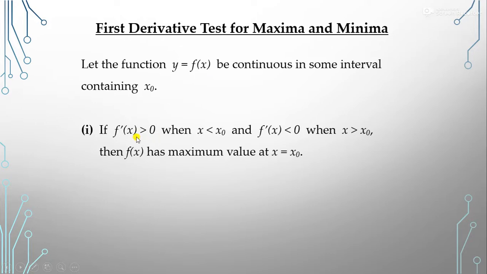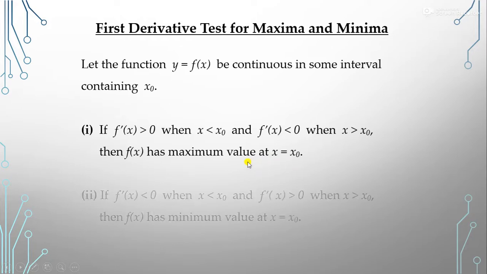If f dash x is greater than 0 when x is less than x naught, and f dash x is less than 0 when x is greater than x naught, then f(x) has a maximum value at x equal to x naught. Clear?